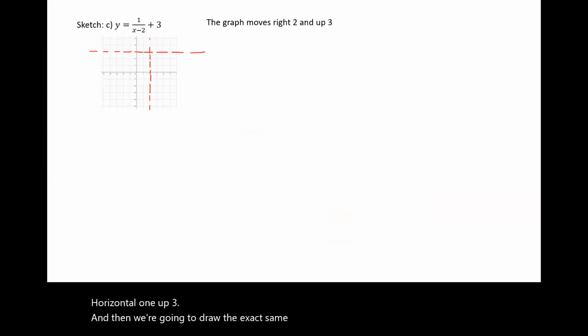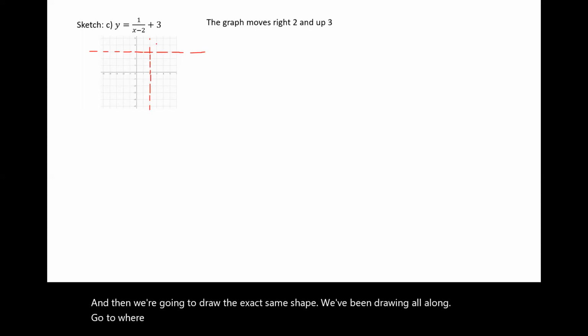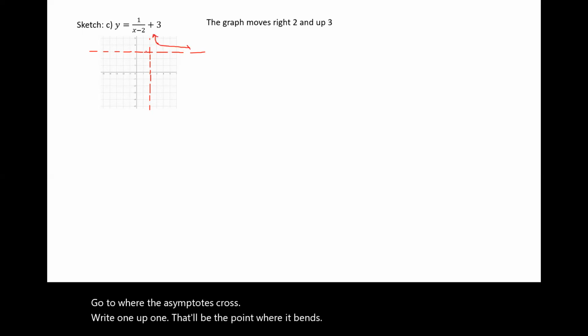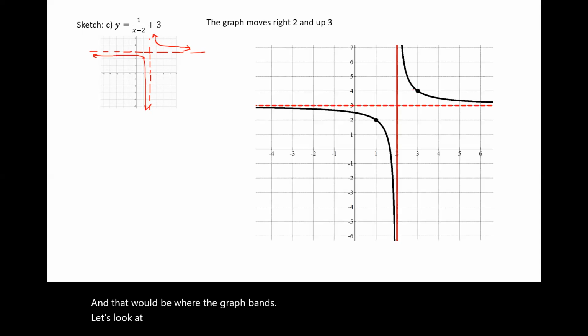Go to where the asymptotes cross, right 1, up 1. That'll be the point where it bends. Go to where the asymptotes cross, left 1, down 1, and that'll be where the graph bends. Okay, let's look at a nicer version of that. There are our 2 key points: right 1, up 1, left 1, down 1.